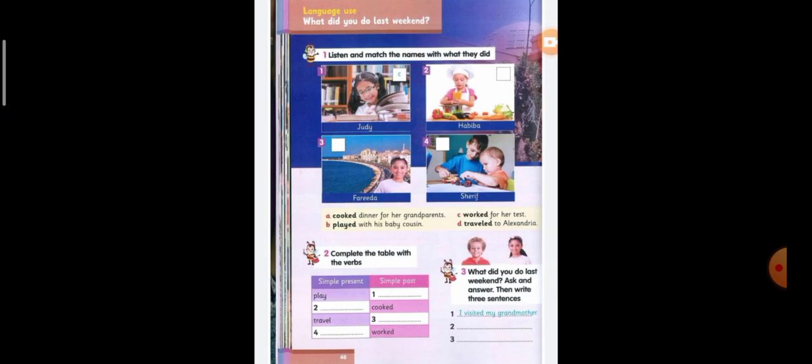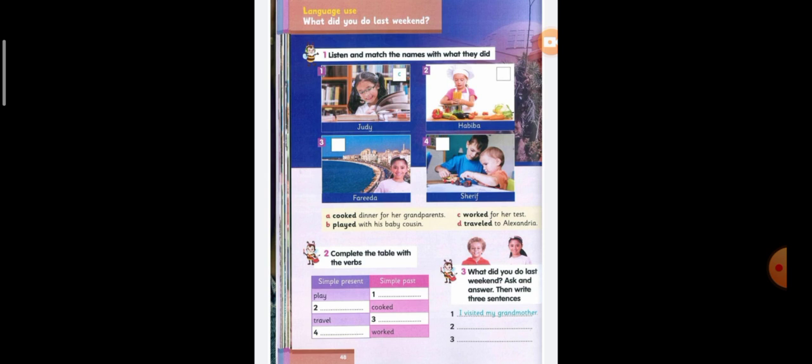Turn the page. Listen and match the names to what they did. We have Judy, Habiba, Farida, Sharif. Number A, cooked dinner for her parents. Who cooked the dinner? Excellent, Habiba. So in picture number 2, we will write A. B, played with his baby cousin.